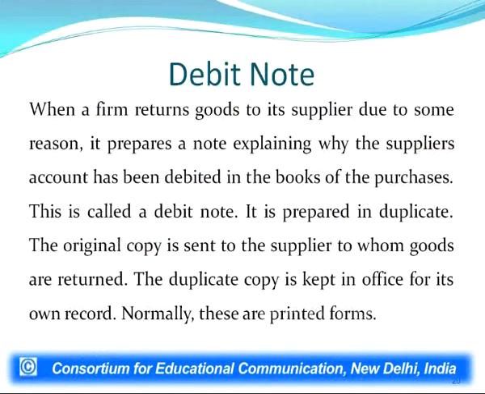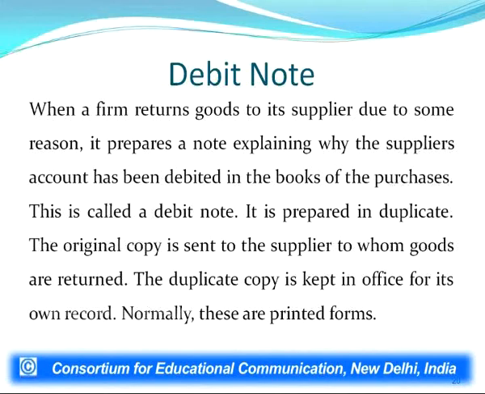Now, the one document which we discussed with you just now, the debit note. So, we will talk about the debit note. When a firm returns goods to its suppliers due to some reason, maybe defective, maybe not as per order specifications, or in excess of the quantity of order placed, it prepares a note explaining why the supplier's account has been debited.